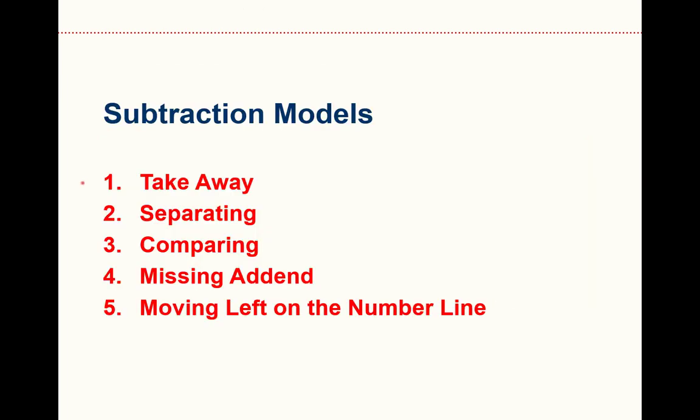So take a look at these things: the takeaway, separating, comparing, missing addend, and moving left on the number line. It's fascinating when you look at all the different kinds of problems that require subtraction. All these different kinds of problems fall into several different categories, different kinds of mental constructs, different kinds of models that we use for subtracting.